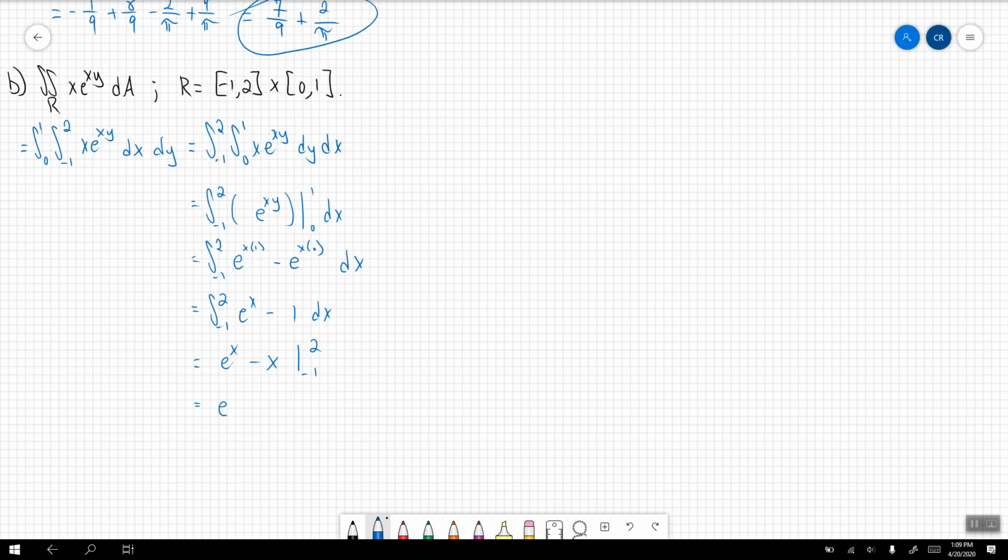So this is going to be e to the power of 2 minus 2 minus e to the power of -1 plus 1. There we are. Which means our final result is just e to the power of 2 minus e to the power of -1 minus 3. That's our final answer.